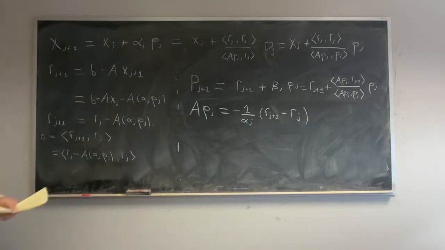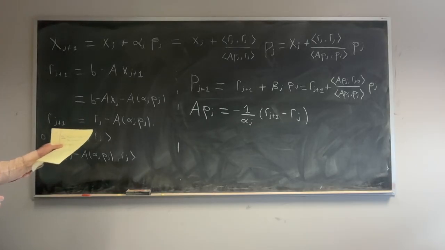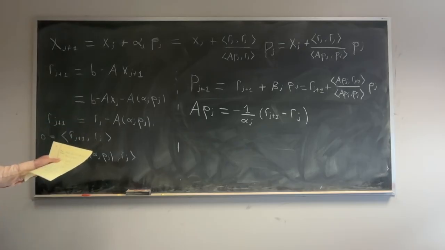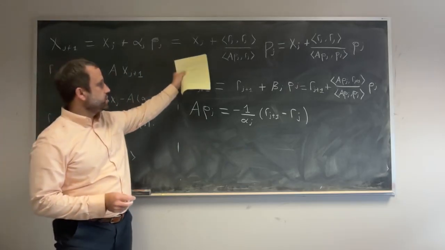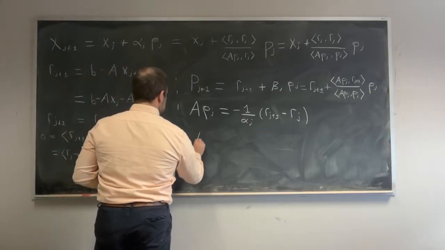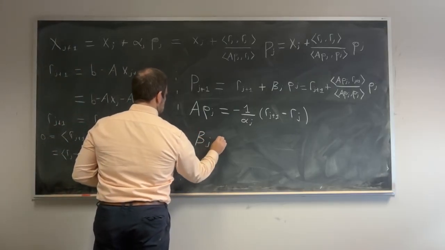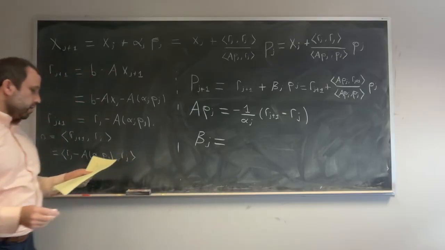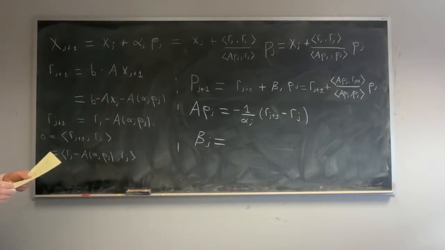So that's what A P_j is equal to. But I know what alpha_j is. I can write alpha_j in this way right here. So when I plug this in for beta_j and do the algebra, it's just simple algebra to reduce everything to what it needs to be.